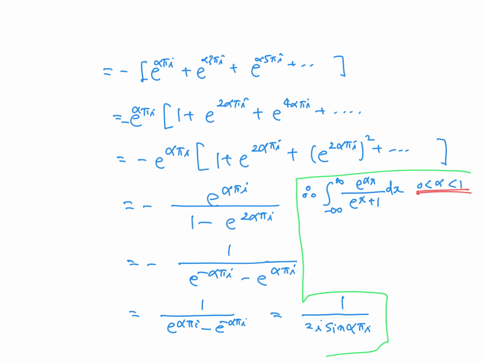This condition allows us to add 0. It becomes 2 pi i times 1 over 2i sine alpha pi. So this is actually pi over sine alpha pi. Wow.